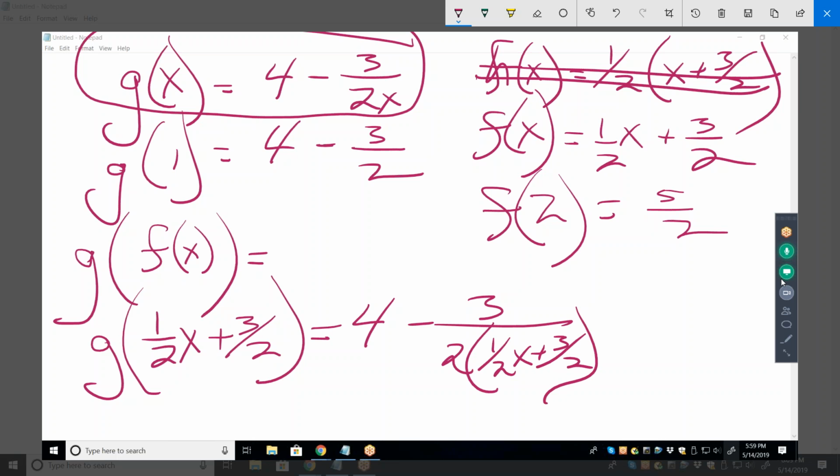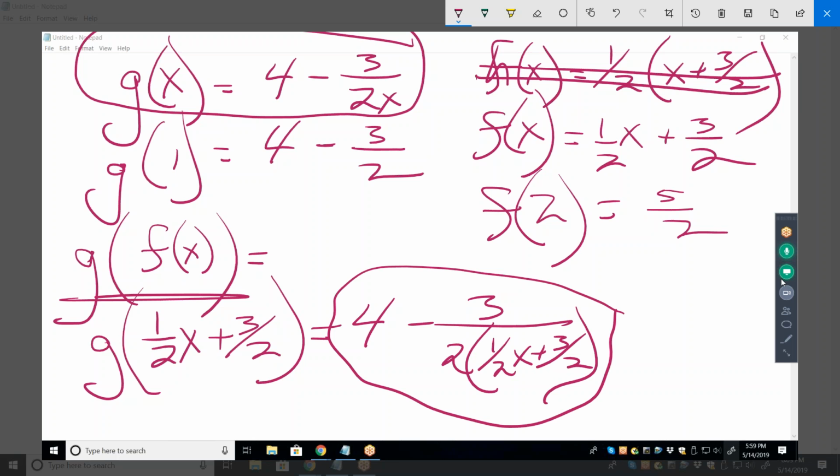Now, if g of f of x is equal to x, they are inverses of one another. Okay. Now, let's figure out what that's equal to. Let's see, we have 4 minus 3 over x plus 3.